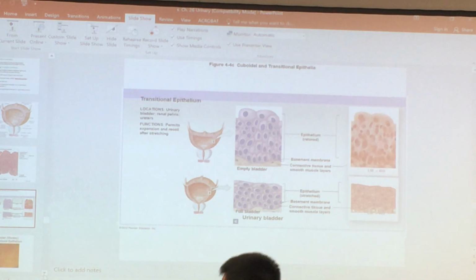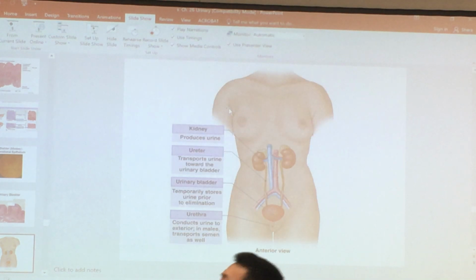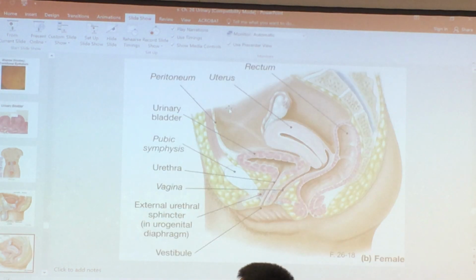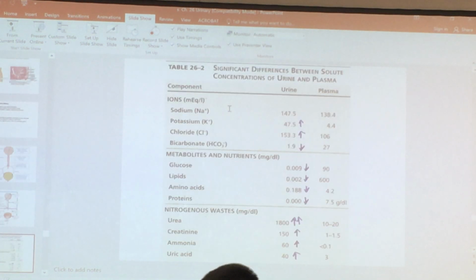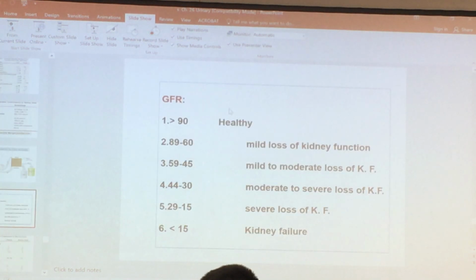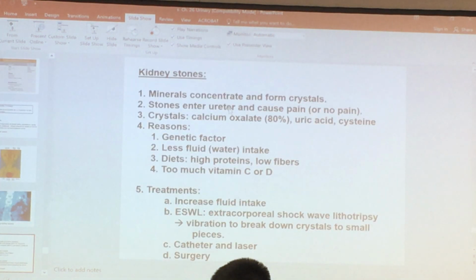Knowing the epithelium cell in urinary bladder is transitional epithelium cell. Okay, I think I went through this last time. Urination, I think I went through that. Let me see something else. Oh, this one I mentioned. Kidney stone, I mentioned that.